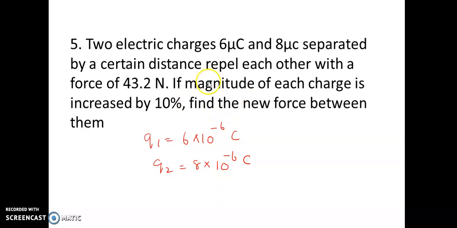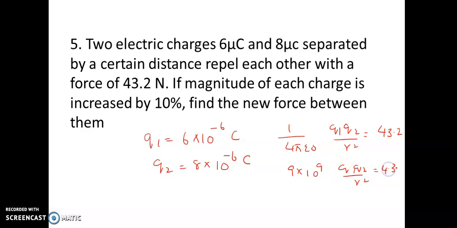So they repel with a force of 43.2 Newton. അപ്പോൾ അവിടെ നിന്ന് അതിന്റെ സെപ്പറേഷൻ നമുക്ക് കാണാൻ പറ്റും. 1 by 4 pi epsilon 0 Q1 Q2 by R square is equal to 43.2 Newton. So 1 by 4 pi epsilon 0 is 9 into 10 to the power 9. Q1 Q2 substitute ചെയ്യുക, divided by R square is this. അപ്പോൾ അവിടെ നമുക്ക് R കണ്ടുപിടിക്കാം. So find out R first.